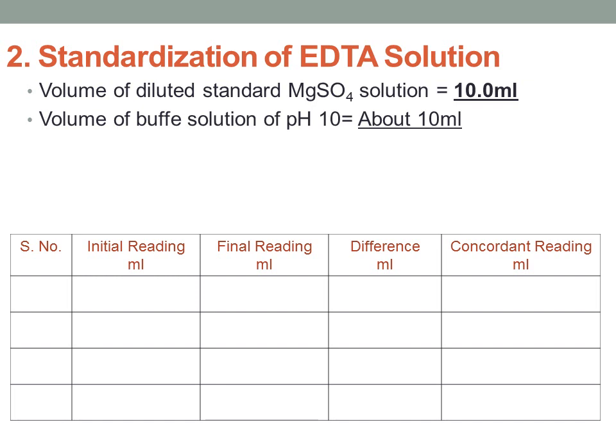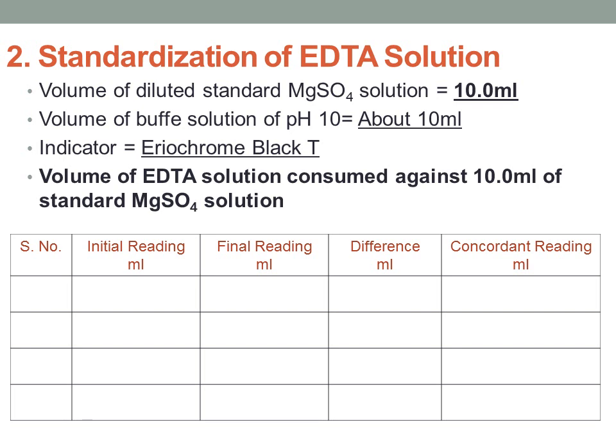Volume of buffer solution of pH 10, about 10 ml. You took about 10 ml of buffer solution of pH 10. Indicator you used was eriochrome black T, and after that you will fill whatever the concordant reading for the standardization of EDTA solution. You will fill the observation column.